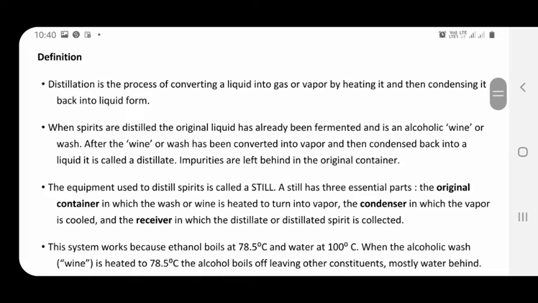Again, it is the process of converting liquid into a gas or vapor by heating it, then condensing it back into liquid form.